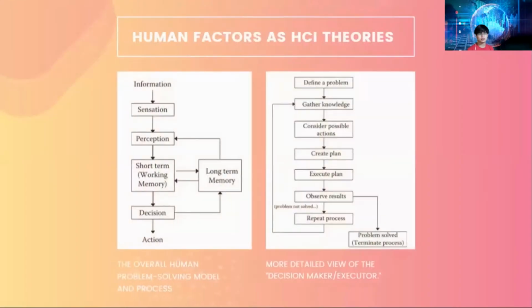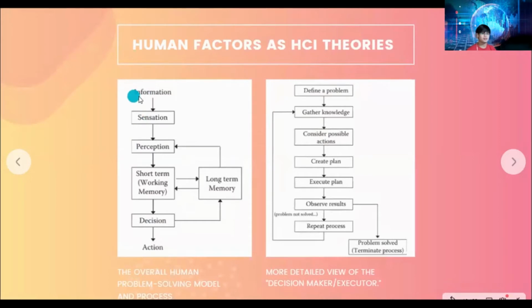So those were the task modeling and human problem solving model. Here is the representation. Let us say there is information. It will run through the sensation, and after the sensation, your perception.